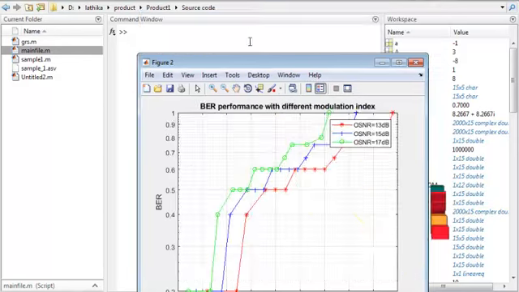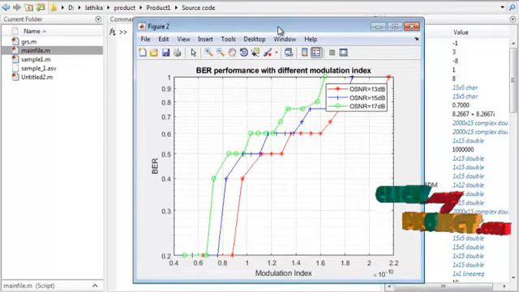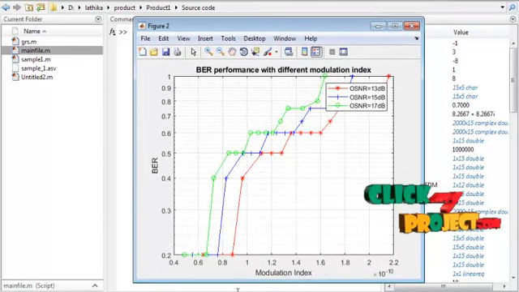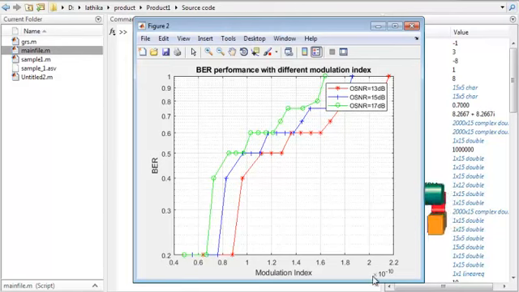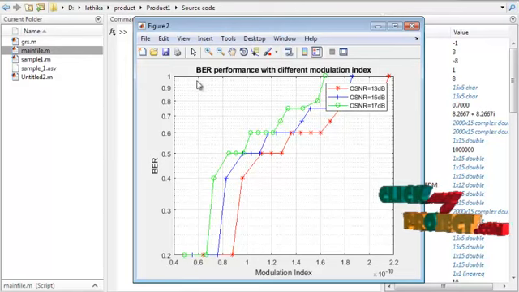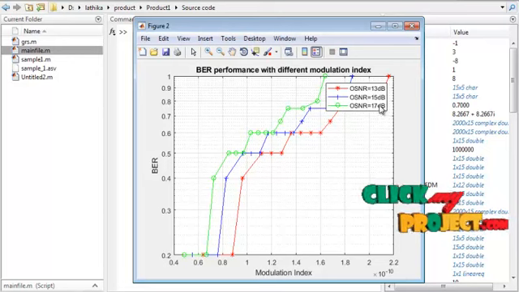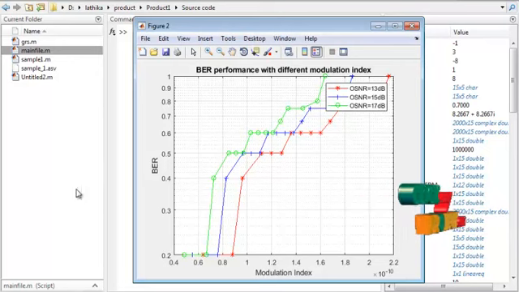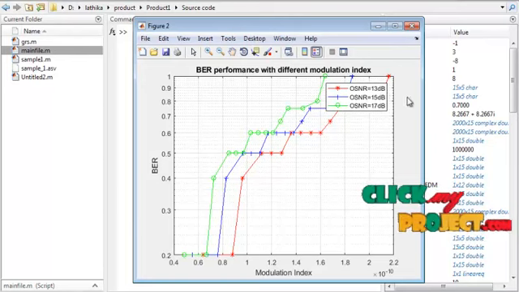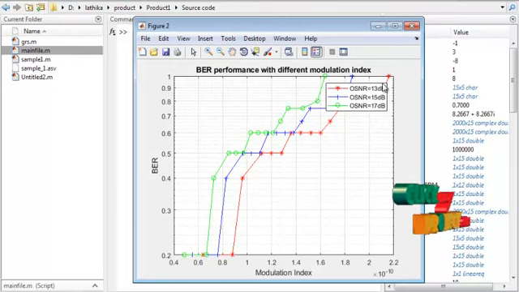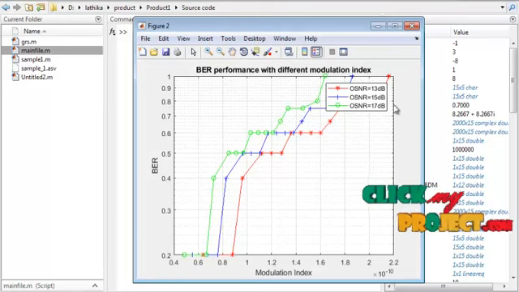Then the second graph is BER with different modulation index. The modulation index has been varied from 0.4 to 2, and the BER is calculated. BER is bit error ratio. Then there are three OSNR values. OSNR is nothing but optical signal to noise ratio. The first one is OSNR 13 dB, then OSNR 15 dB and OSNR 17 dB. These are static and BER is calculated by using a formula.